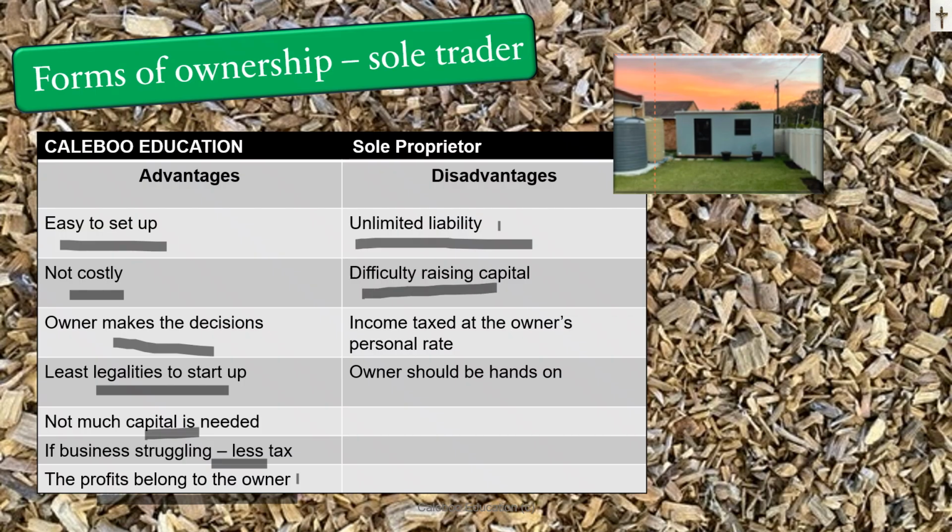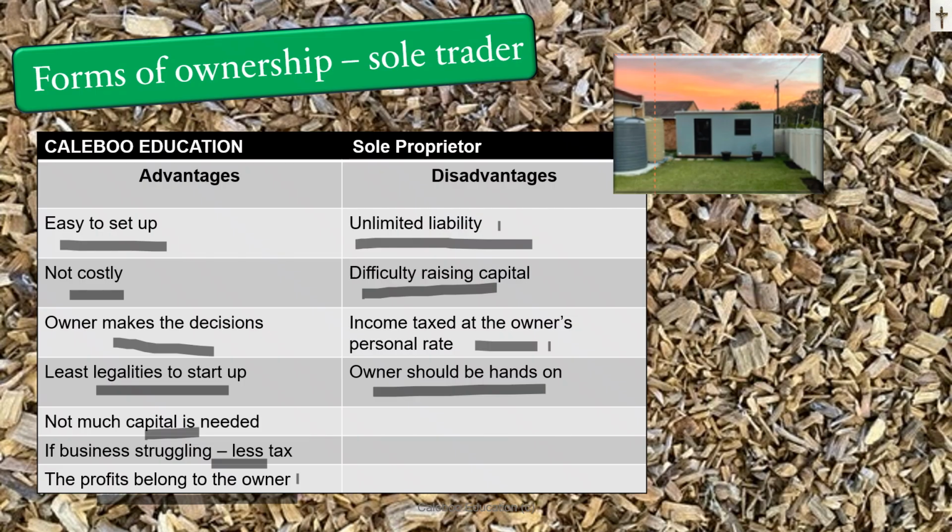It might be difficult to raise capital, being a one-man show. Your income is taxed at the owner's personal rate, so they'll take the profit of the business and all the income in your personal capacity, add it together, and you could move into a higher tax bracket. So that's a disadvantage.